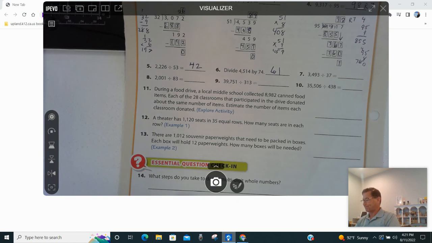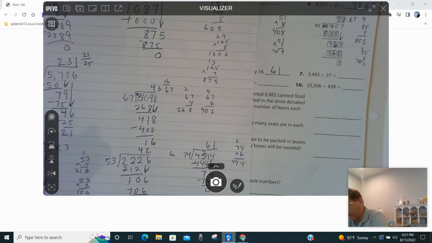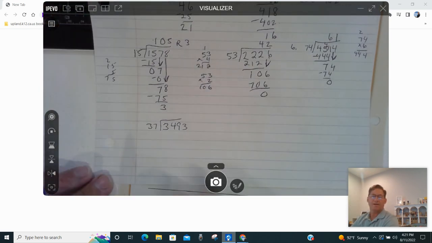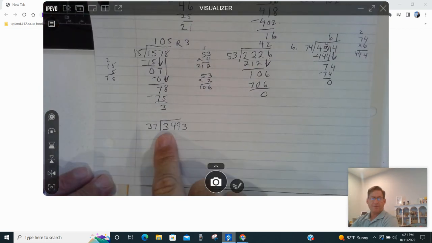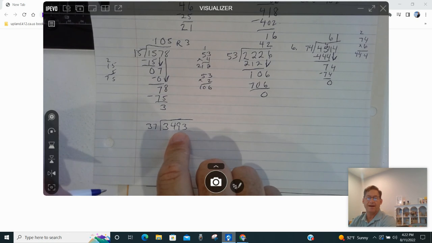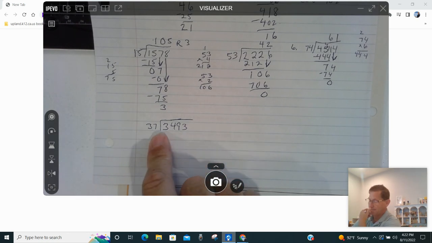Number 7, 3,493 divided by 37. So 37 is greater than 3. 37 is greater than 34. 37 can divide into 349. Let's see. So 37, that's close to 40, right? How many 40s could I take from, say, 350?